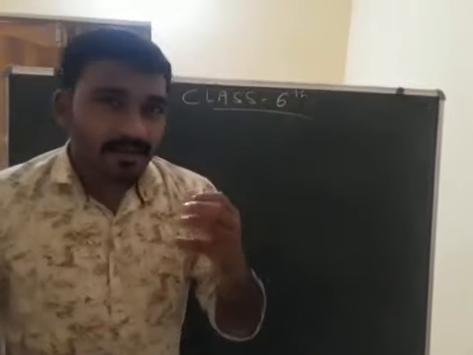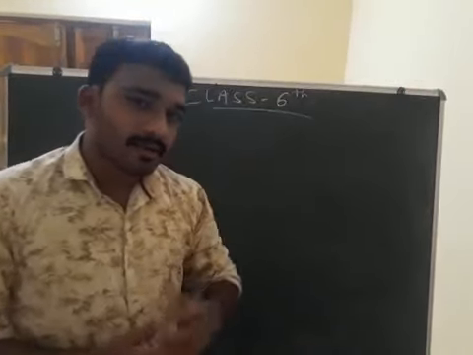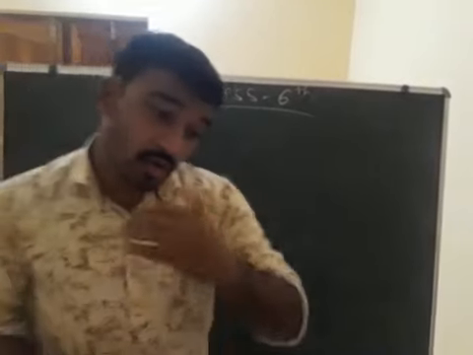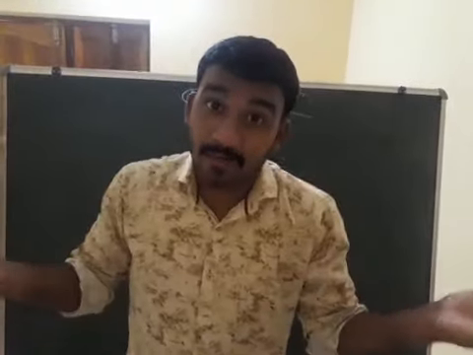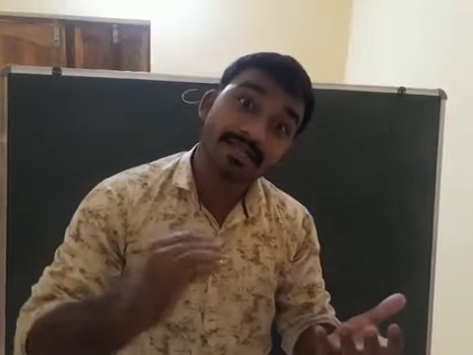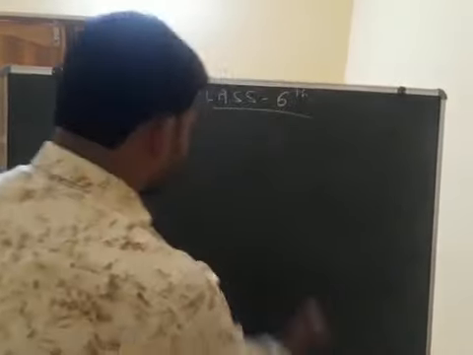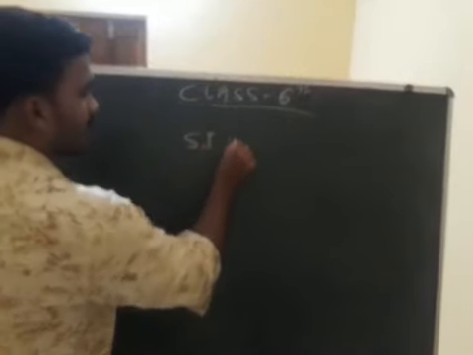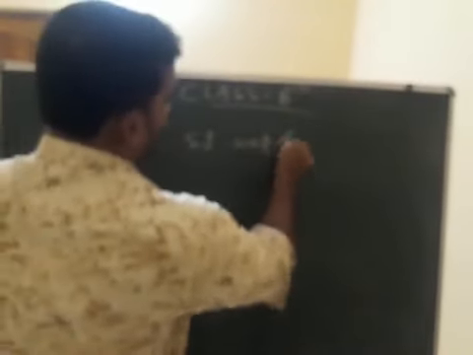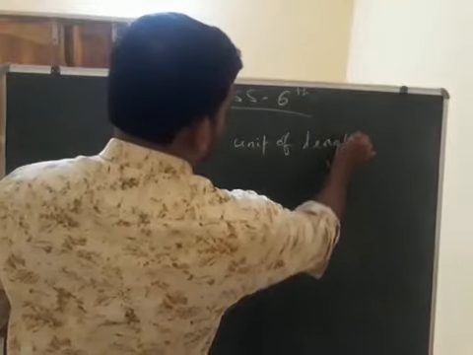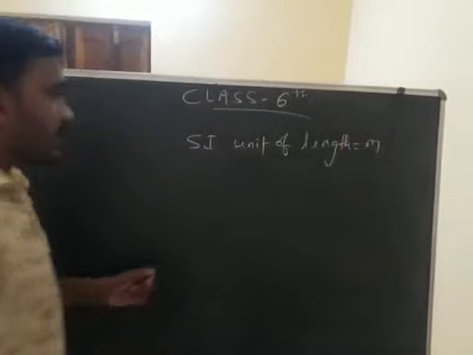When you are measuring the distance from your home to your school, you measure in kilometer. Kilometer is a multiple of the SI unit of length. Actually, the SI unit of length is what? Meter.